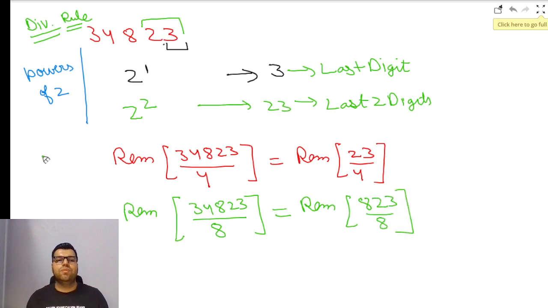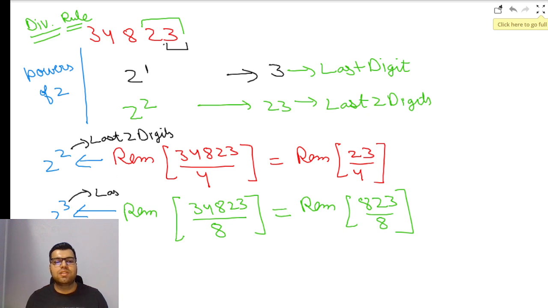Okay, so from here we got the rule. Since this was 2 raised to power 2, I took only the last two digits. Since it was 2 raised to power 3, I only took the last three digits. Pretty simple.